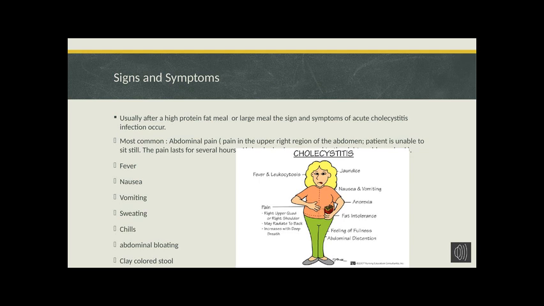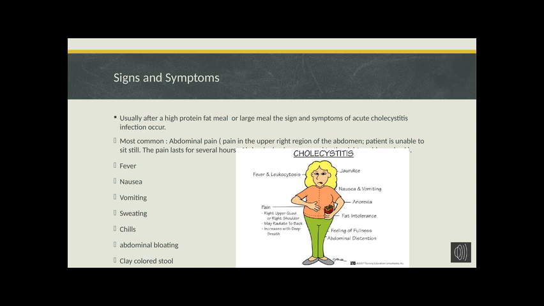Signs and symptoms. Usually after a high protein, fat meal or large meal, the signs and symptoms of acute cholecystitis infection occur. Most common is the abdominal pain.